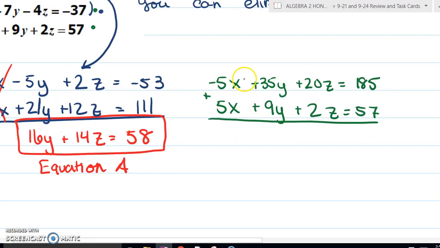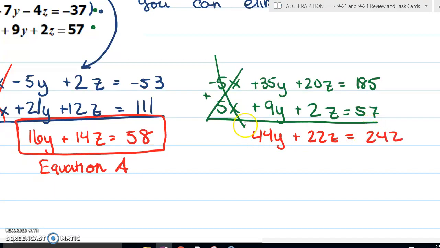So we're going to add our 2 equations together, and the x's cancel, and we end up with 44y plus 22z equals 242.